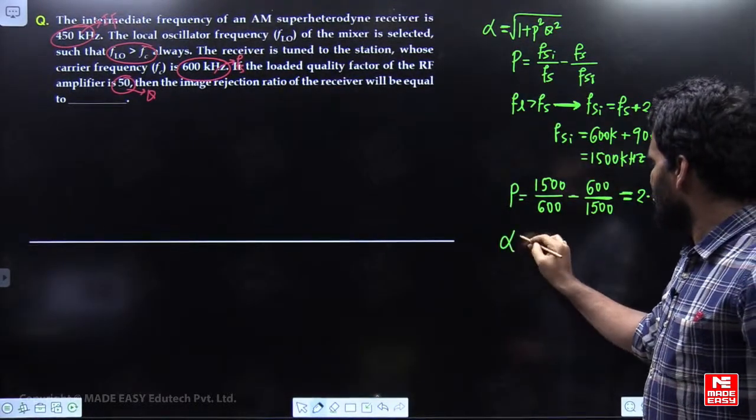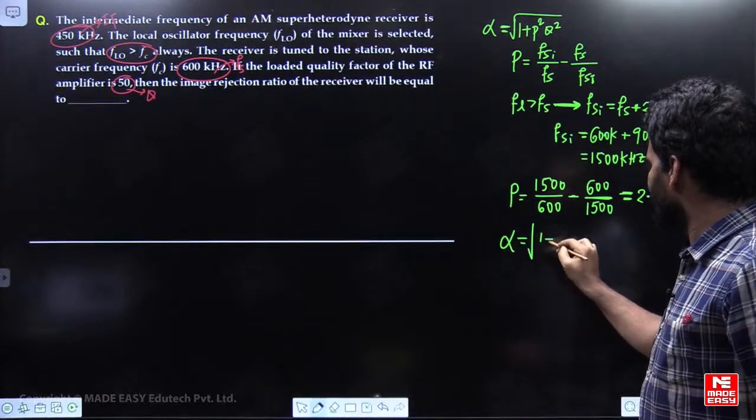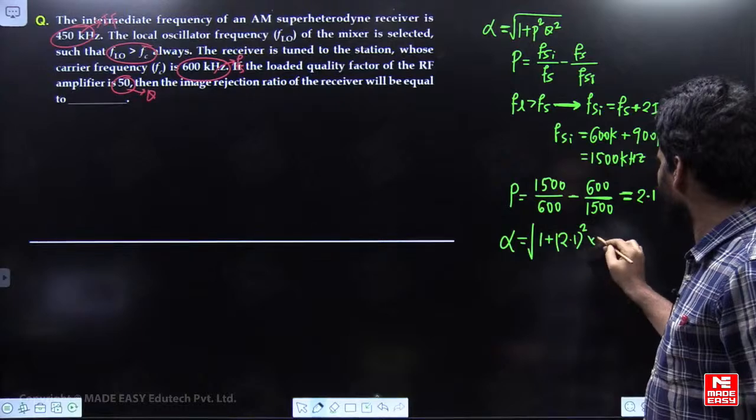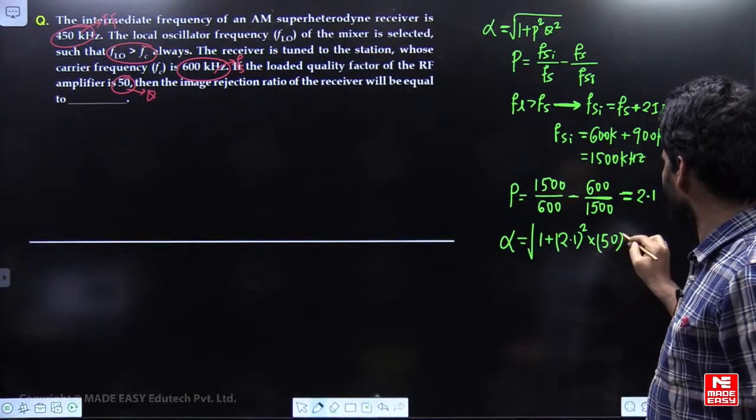then IRR alpha equals root over 1 plus P square into quality factor given 50, no?